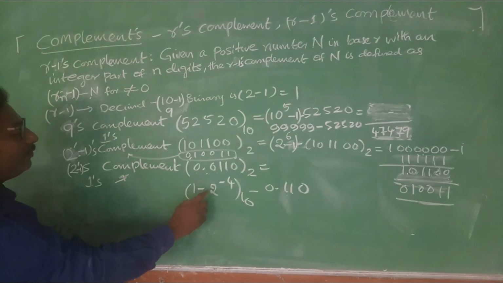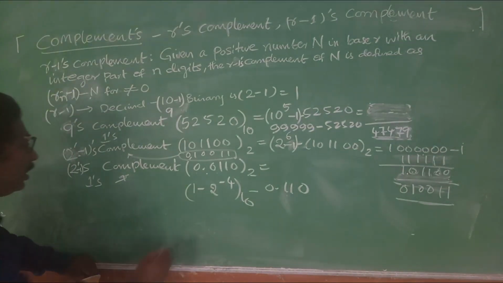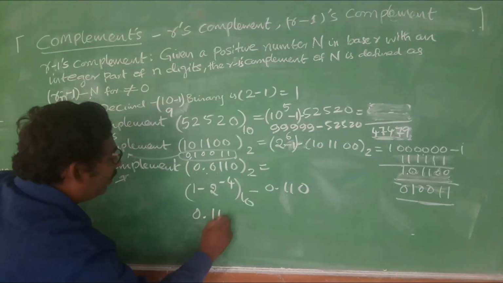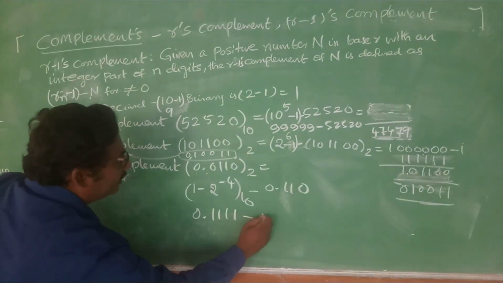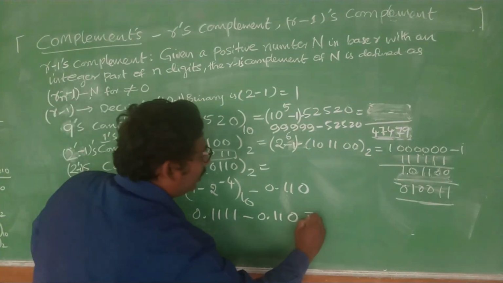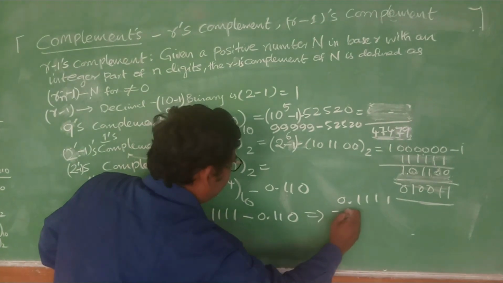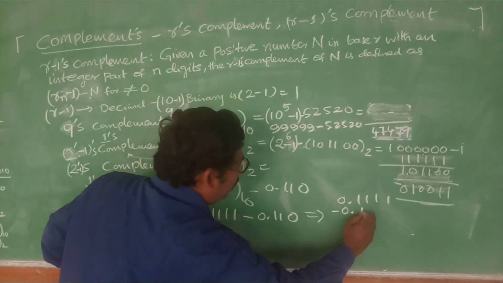So 1 minus 2 to the power of minus 4 will become 0.1111, minus 0.0110.